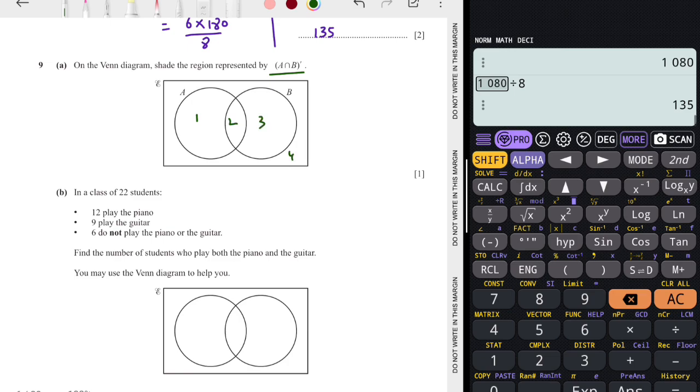Now list them. Universal set would be having numbers 1 2 3 4. Set A would be having numbers 1 2. Set B would be having numbers 2 3.